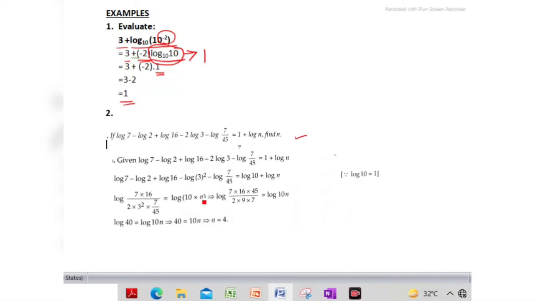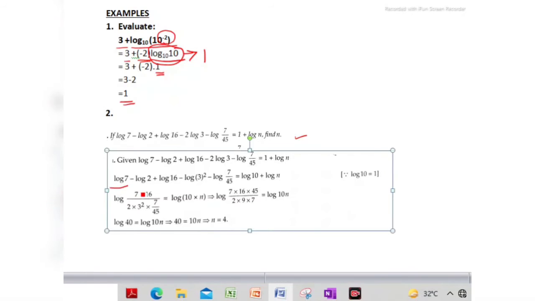In this, first we'll keep some terms as they are and we'll make changes in some of the terms, like log 7 as it is, log 2 as it is, log 16 same. Now the next term we have is minus 2 log 3. Here by using the power law, this can be written as log of 3 square. That means whatever we did in our first example, we are doing the reverse of that.